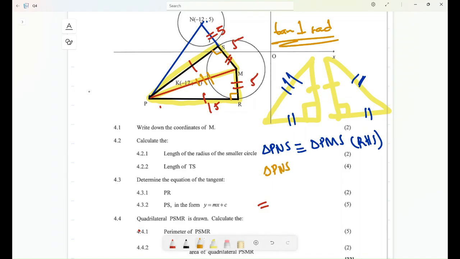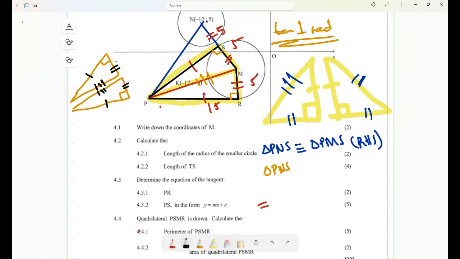Can you see? I want you to see this. You say this is 90 here, 90 there, 90 here. We are saying these sides are equal because we proved they are radius. Then these are common points. Then, we proved, sorry.